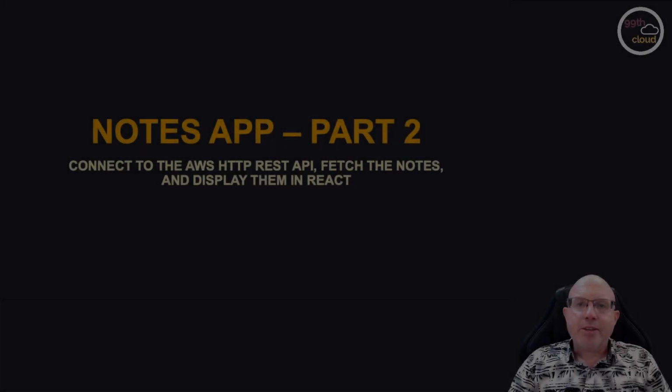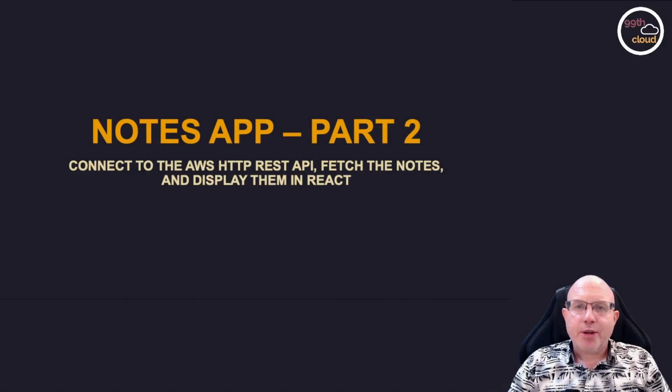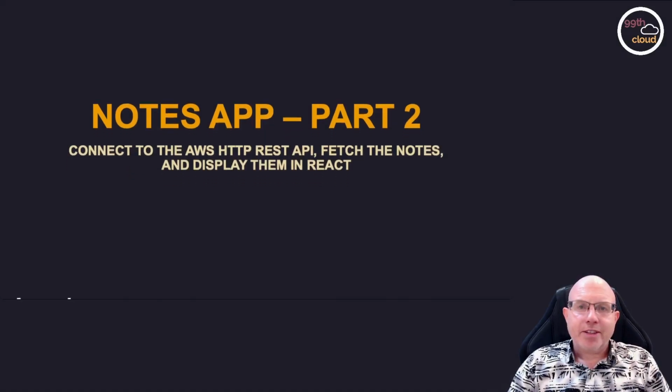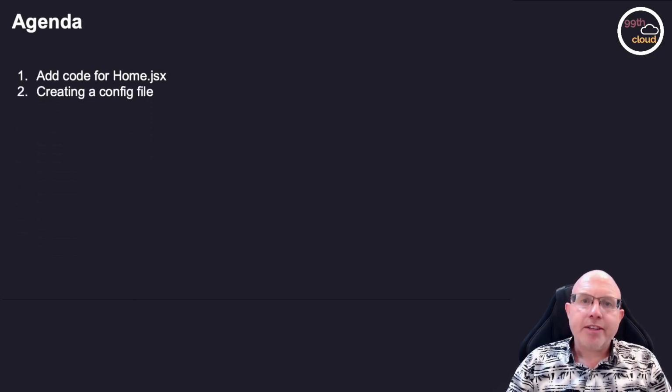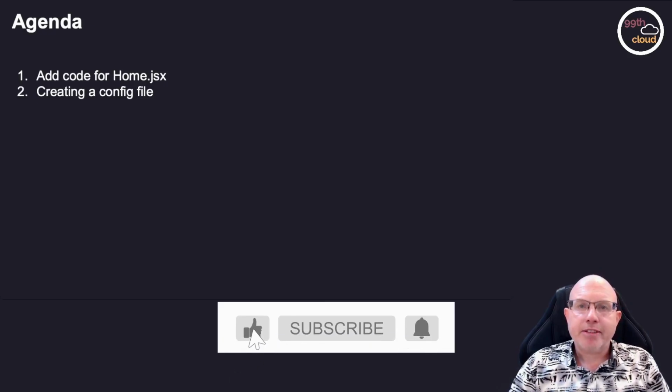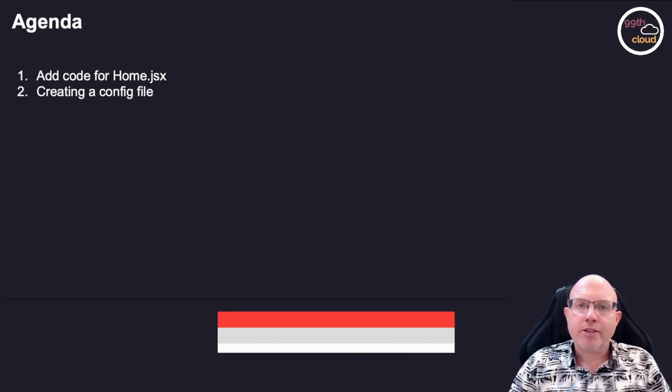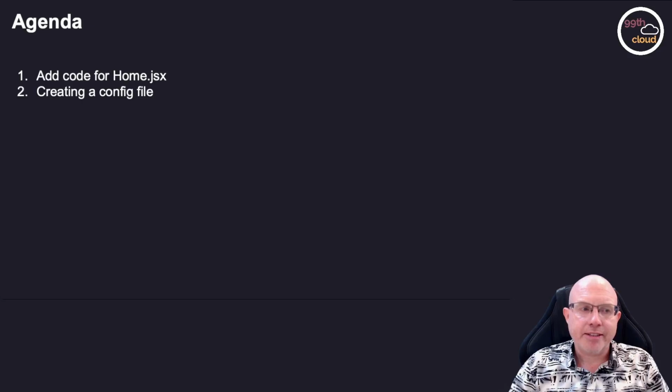Hey, and welcome back to part 2 of our React Nodes application. Let's take a look at the agenda. First, we will be adding code to our Home.jsx file. Then we will be creating a configuration file into which we can add the URL of our AWS HTTP REST API so that we don't need to hard code it in our code files.